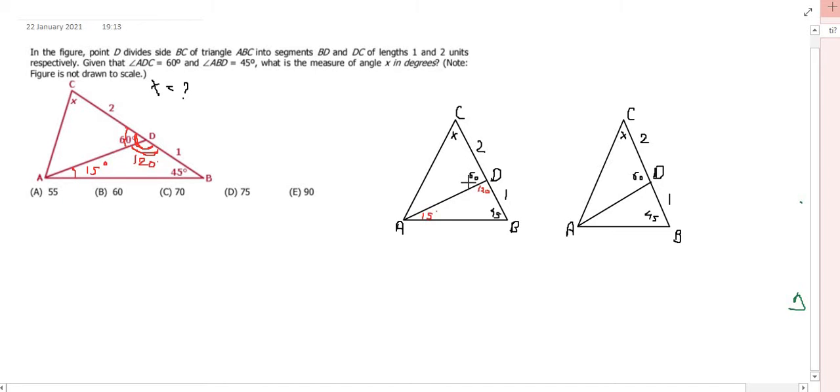See, this angle is already given to us as 60 degrees. So what if I drop a perpendicular from C on the line AD. Let us call this point P.